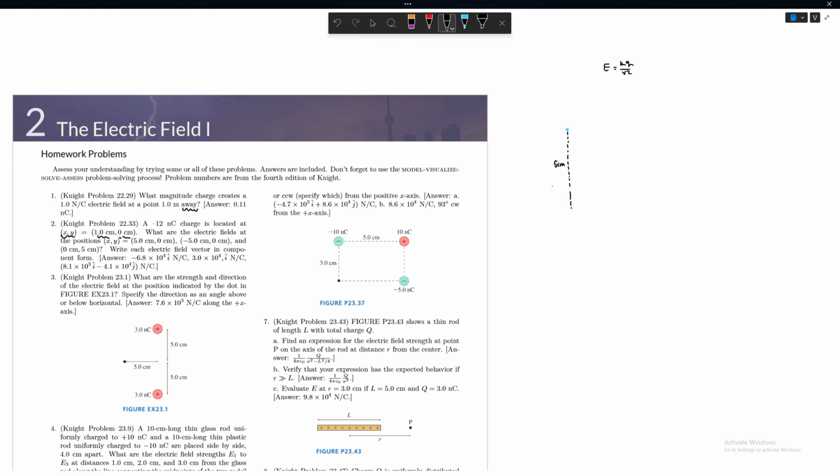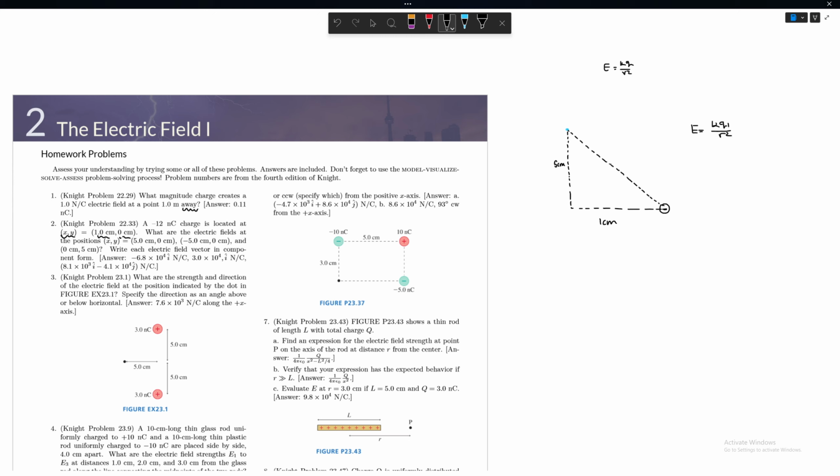We also know that across, where our charge is, it is 1 centimeter away. What is the electric field here? So I know that my r is the direct distance, so my E equals kQ1 over r squared.